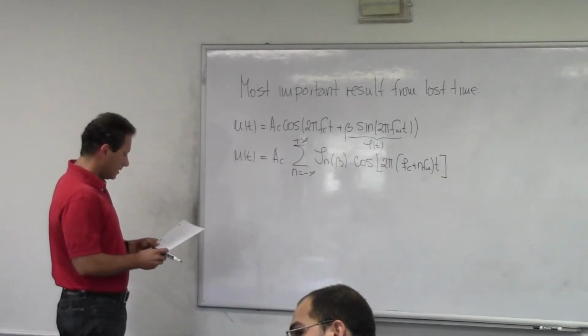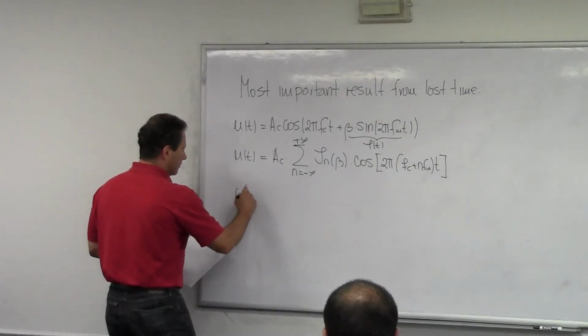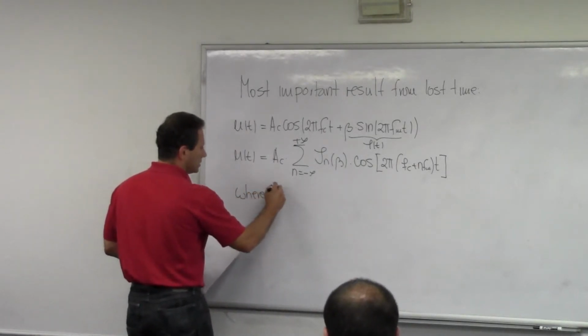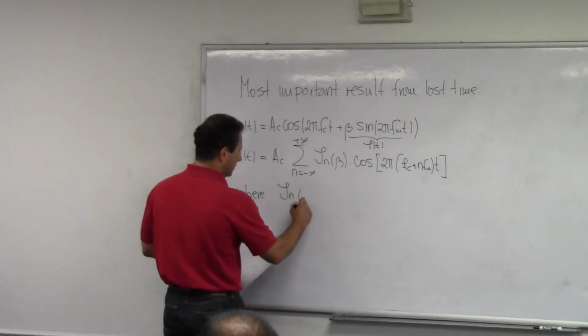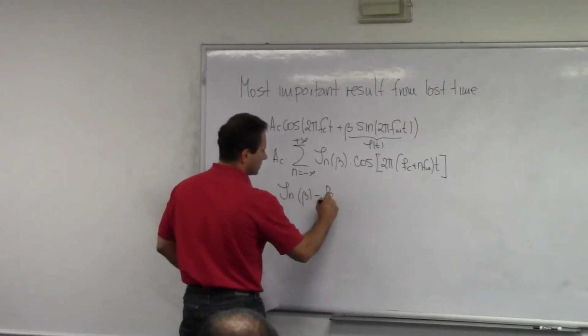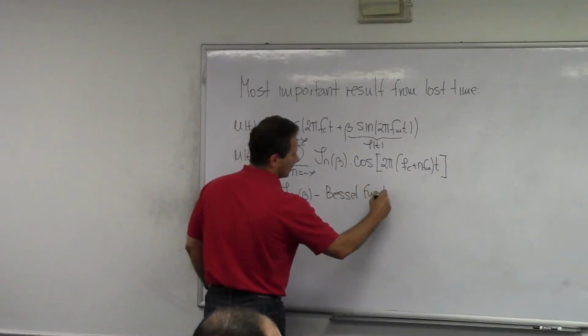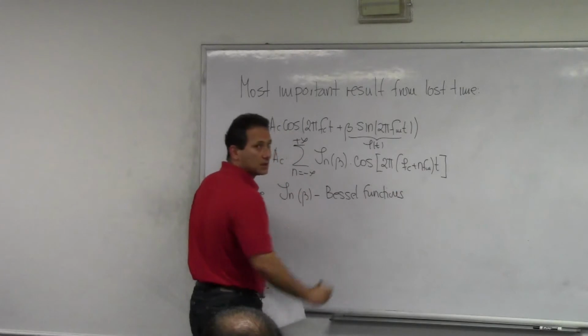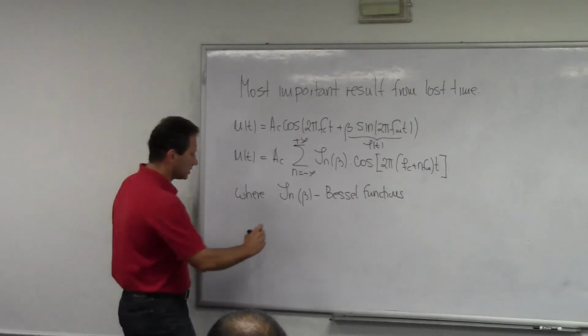All right, so that's the decomposition here, and then I have where. These J_n(β) are called Bessel functions, and we discussed a couple of ways we can evaluate those functions.